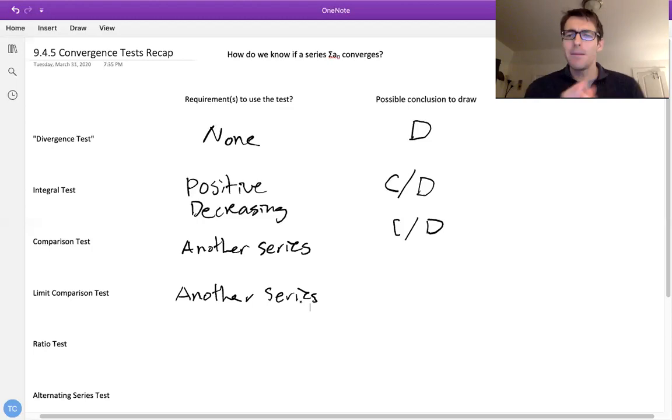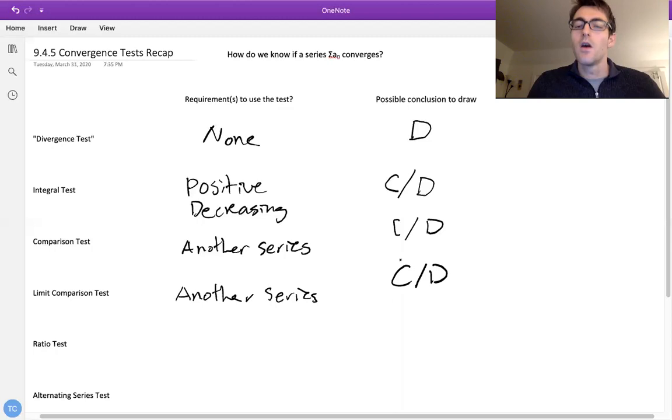If we take the limit as n goes to infinity of the ratio of the two, that ratio, the number that we get, is going to tell us something. If that number is a positive finite number, then that means that our two series are linked, as in if one converges, the other converges. If one diverges, the other diverges. So here we can draw either conclusion.